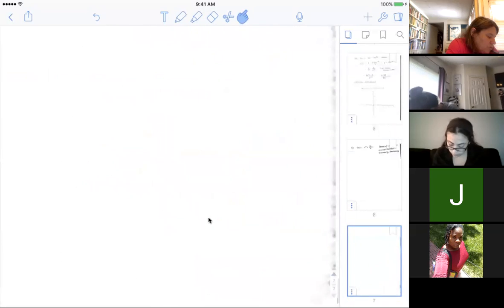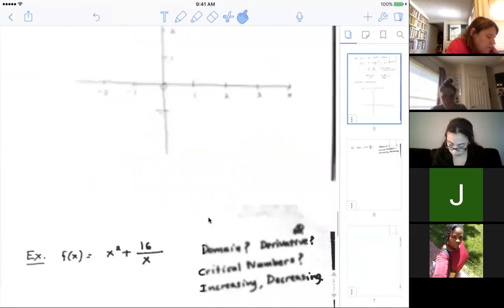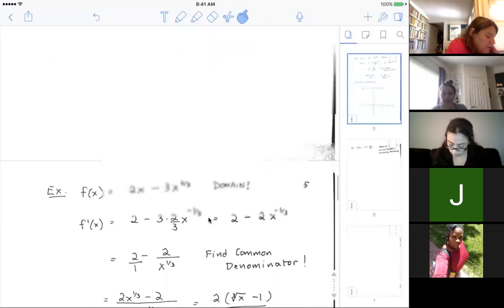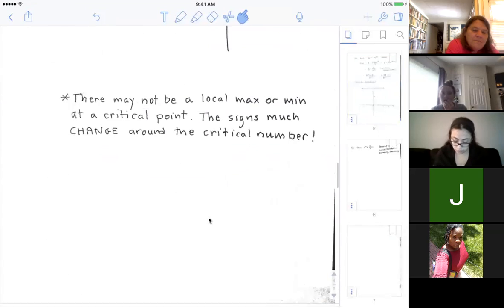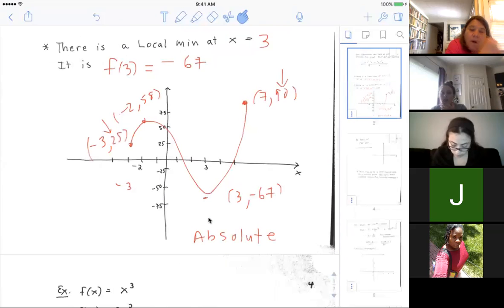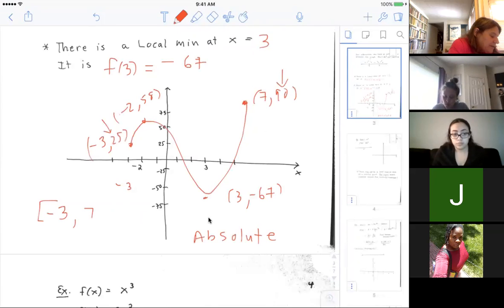What you want to do here, and you'll see it in the book: anytime they ask you to draw a curve on a closed interval, and this one we said, they would say, graph this on minus 3 to 7.